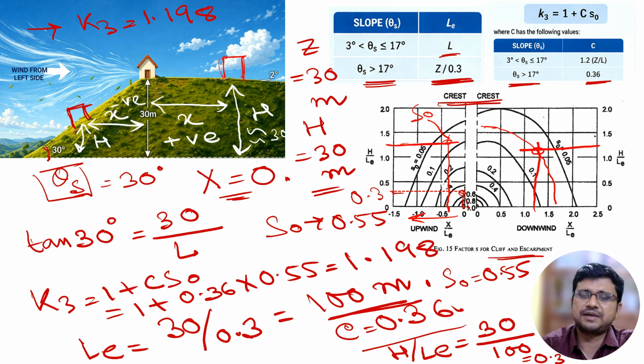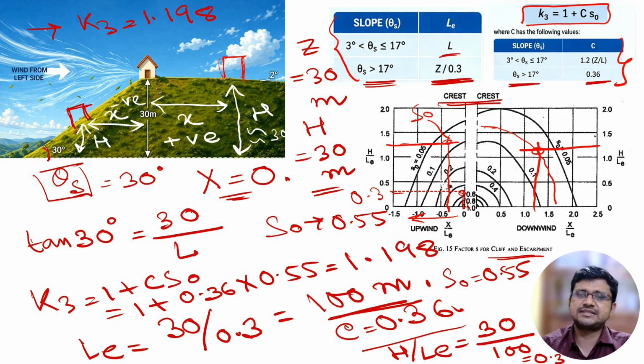So it is very simple and similar to the previous problem, and we can easily calculate the value of S0. And when we calculate the value of S0, by using this particular equation, we can calculate the value of K3. So this calculation is actually very simple. Just by using these two tables and these charts, we can calculate the value of K3 for different conditions.